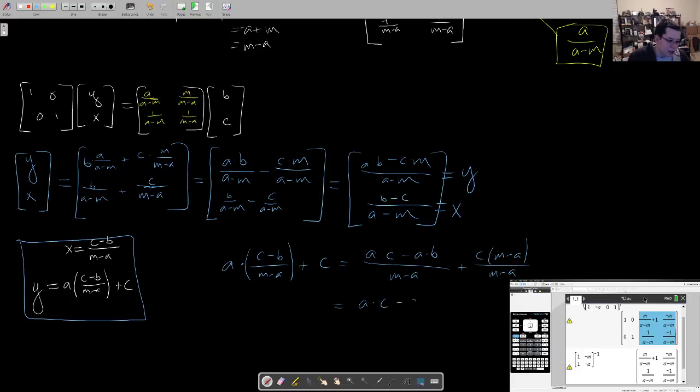A times c minus a times b plus c times m minus a times c over m minus a. We have an a times c and a negative a times c. We got c times m minus a times b over m minus a, equals a times b minus c times m over a minus m.